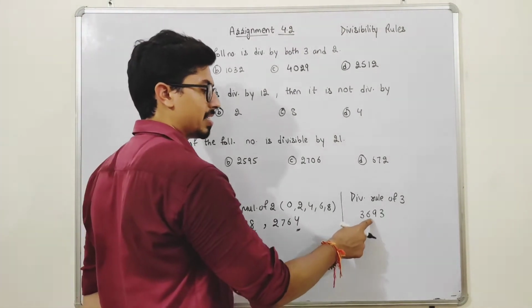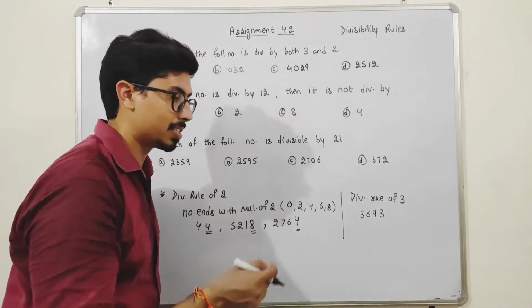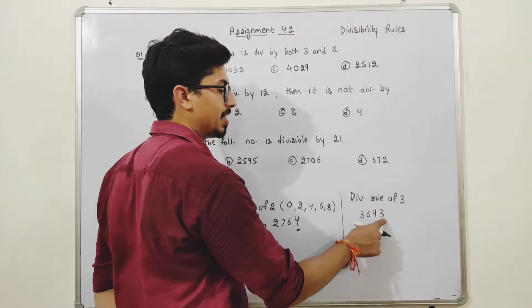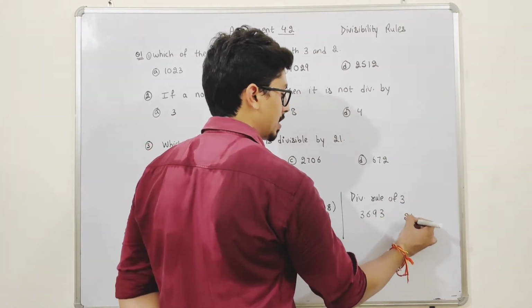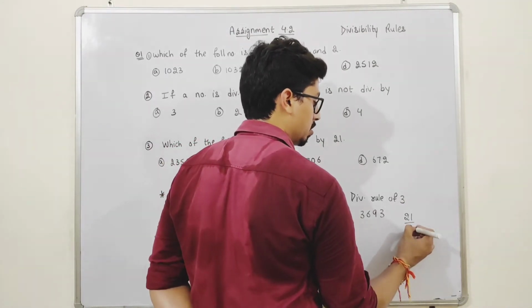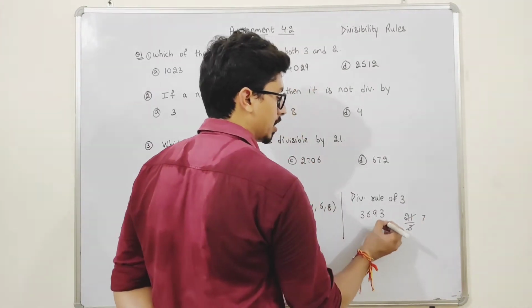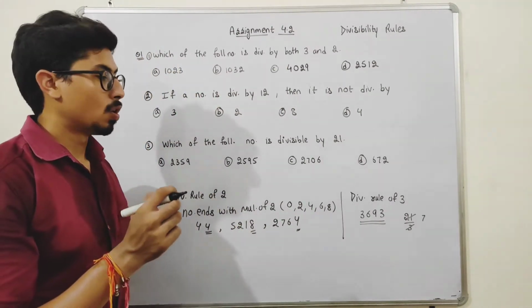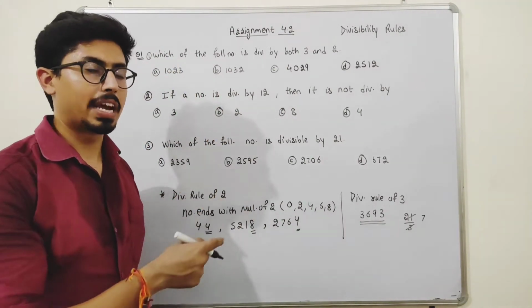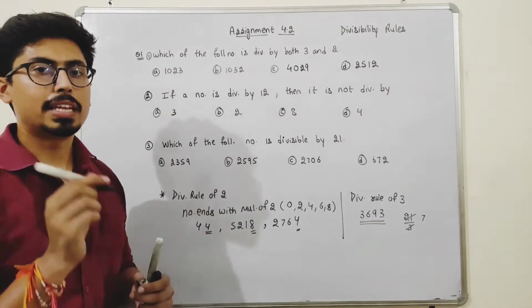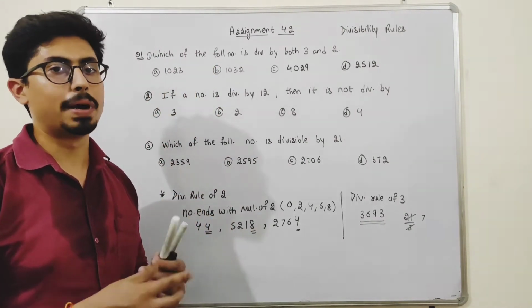Just add the digits. 3 plus 6 is 9, 9 plus 9 is 18, 18 plus 3 is 21. The sum is 21, and 21 is divisible by 3. So yes, this number is divisible by 3. So any number whose digit sum is divisible by 3, then that particular number is divisible by 3.